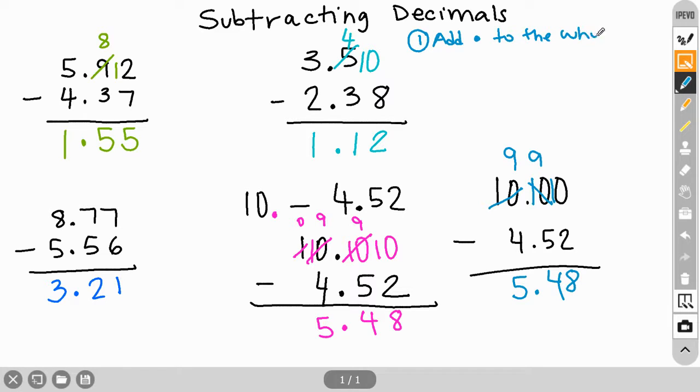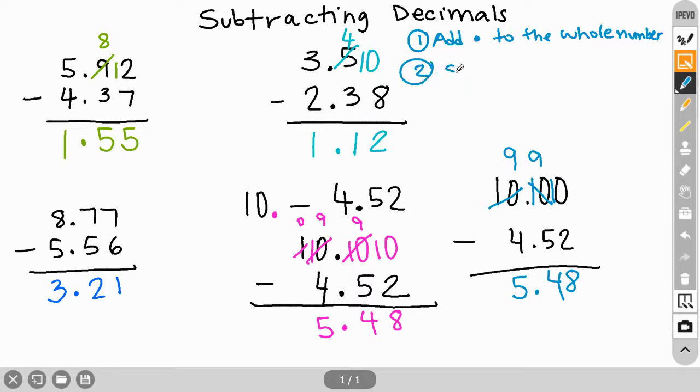If your question has a whole number. So number 1 may happen. You may need to do it. For number 10, you had to. But for the other 3, we already had the decimals there, so you didn't have to do anything. But whenever you have a whole number, you do have to add the decimal to it.